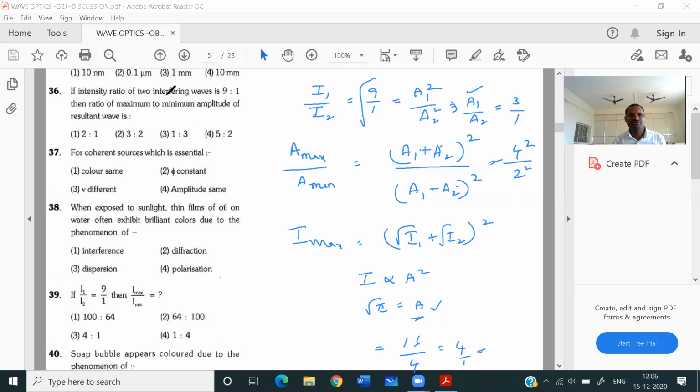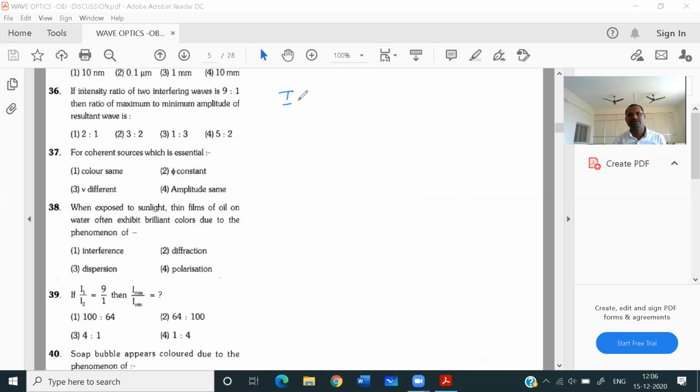If the intensity ratio of two interfering waves is 9:1, the intensity ratio I1, I2 is given as 9:1. One more time, let us see. As we know, I1 is nothing but A1 square, I2 is nothing but A2 square. So these values are 9/1.